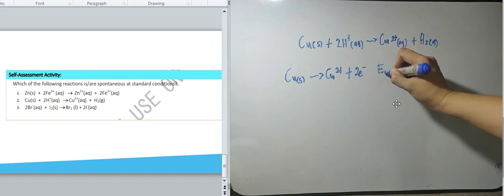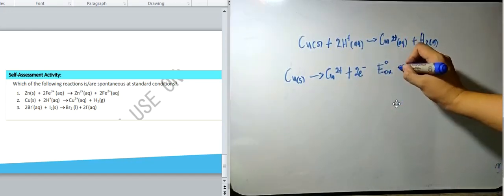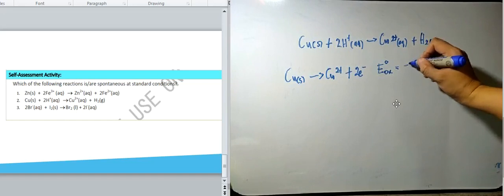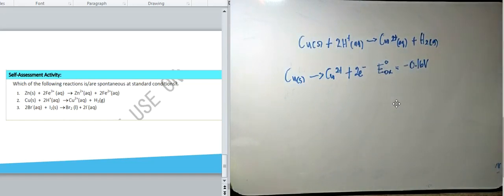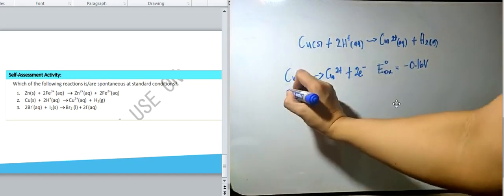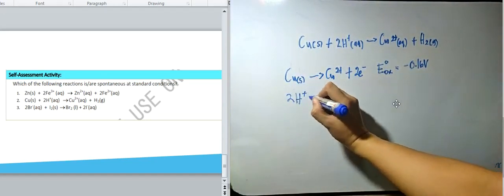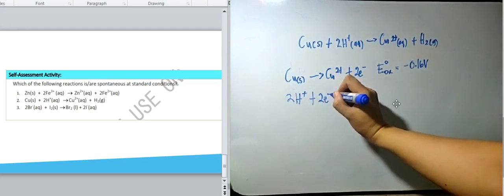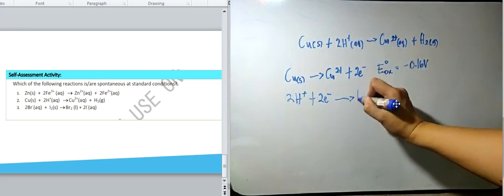So we have here the standard oxidation potential, and based from the table we have negative 0.16 volts. Okay, and the other half equation is 2H plus, plus 2 electrons, will yield to H2.